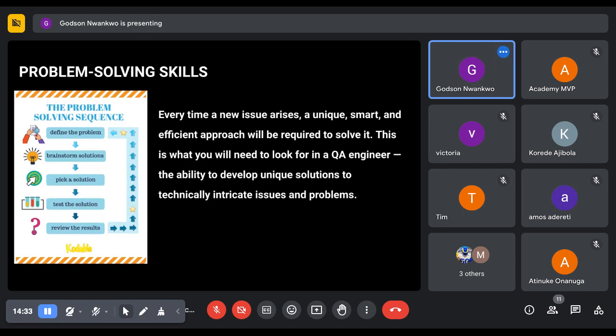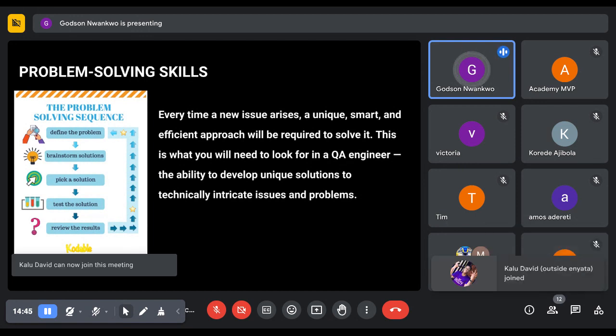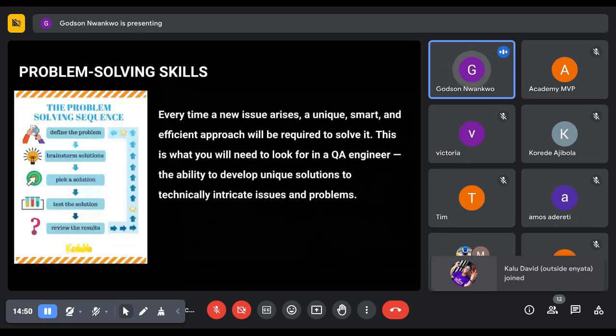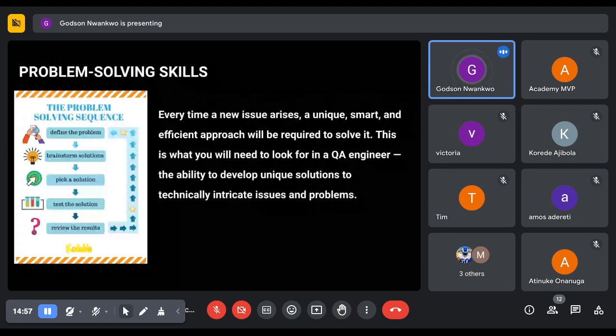I will say that problem solving is the bridge that links the hard skill and the soft skill together. So no matter what you know as a QA in any tech space you're in, you have to have this skill, which is your ability to solve issues that arise.